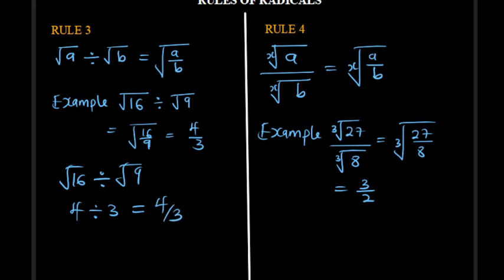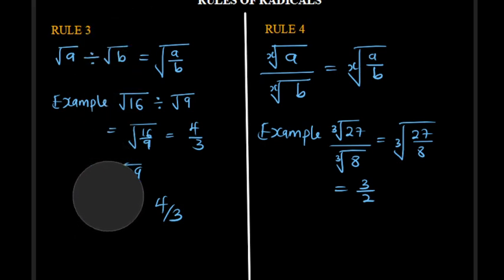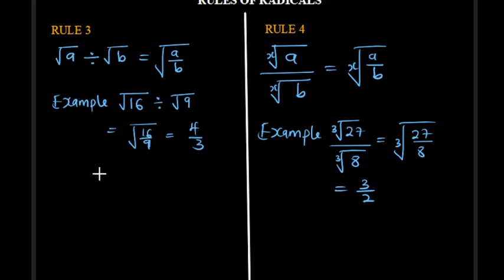Okay, now there are some cases whereby you can't solve directly. For instance, let's say we have root 3 divided by root 7.